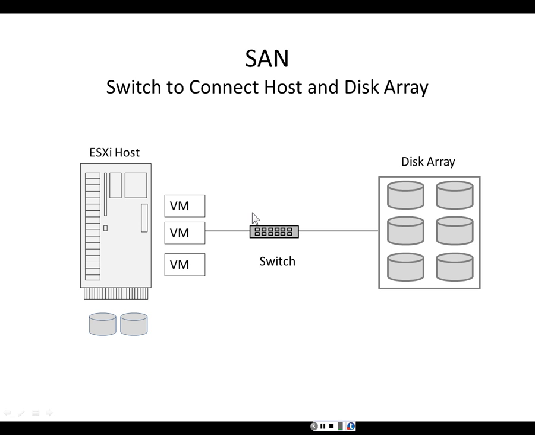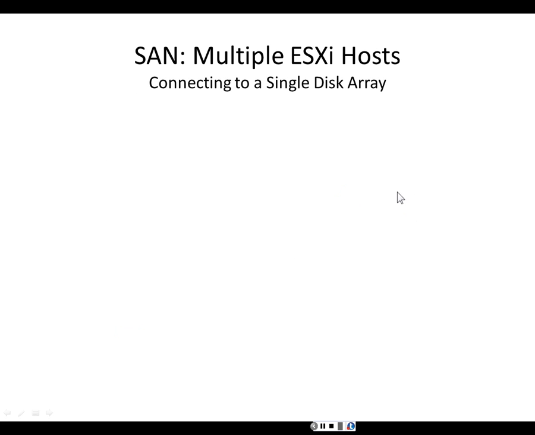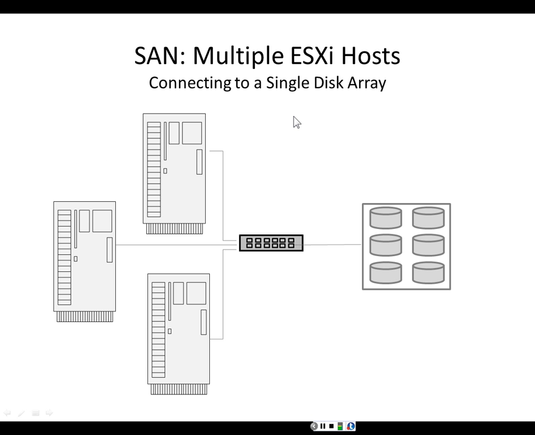And then the virtual machines can save data to the disks in the disk array. Here is an example of a storage area network connecting multiple ESXi hosts to a single disk array. And this is a very common configuration that you will see a lot. Multiple ESXi hosts can all save files and can all access the same disk array.